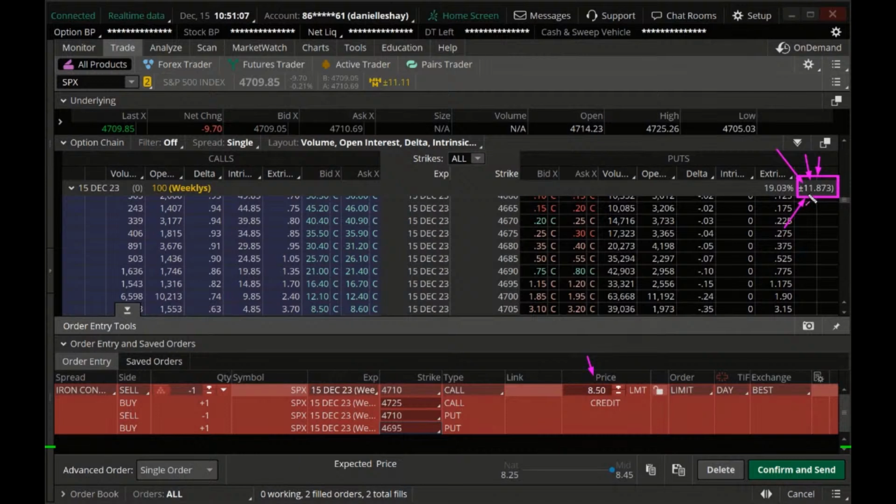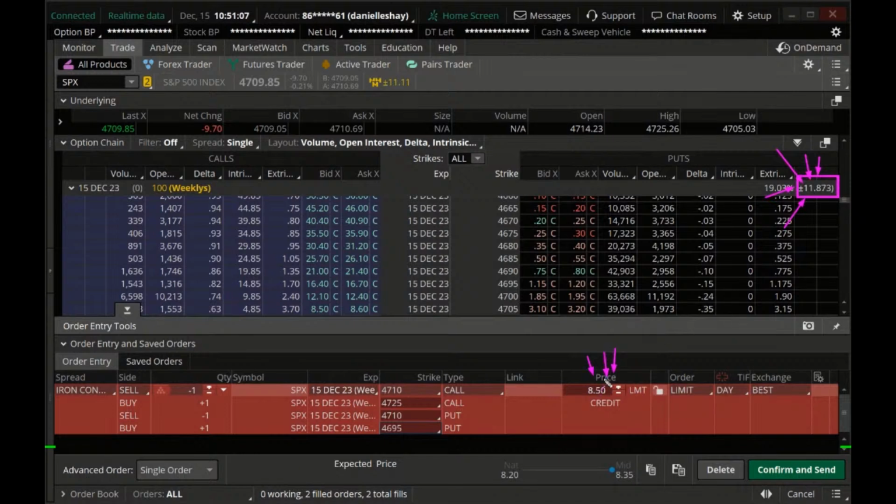But the likelihood of it staying within $8.50 when the expected range is about 12, that's pretty good. You've got another $3 or $4 in there that's not covered by your credit. But I would say that's pretty close. So that's not bad.